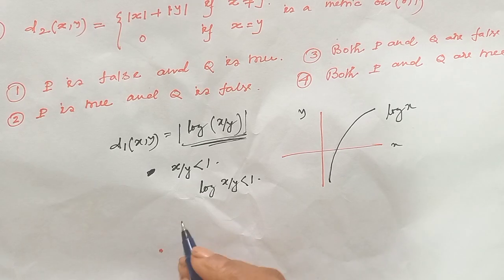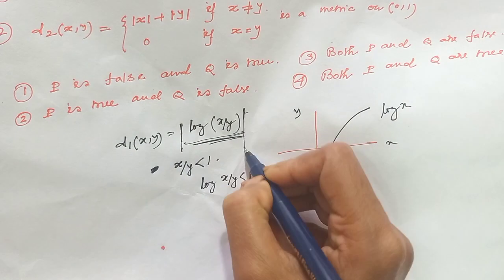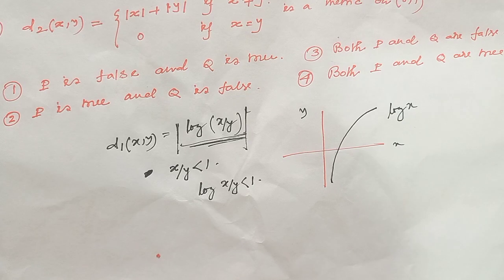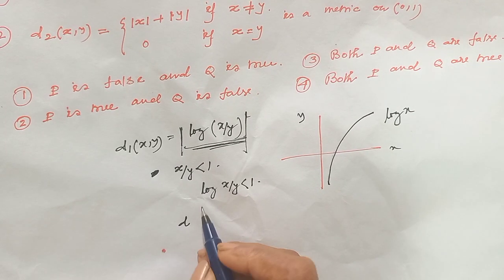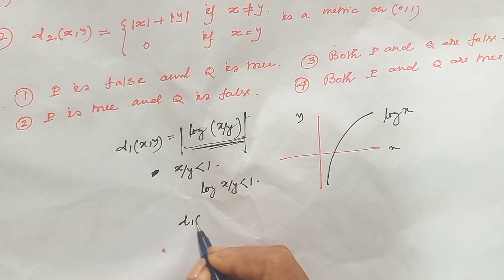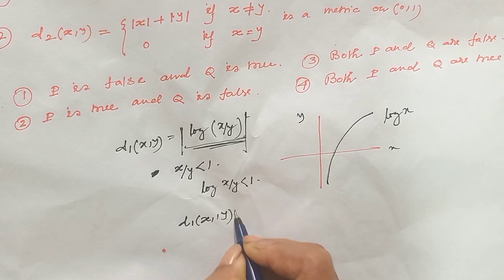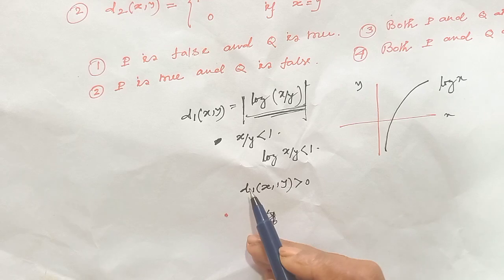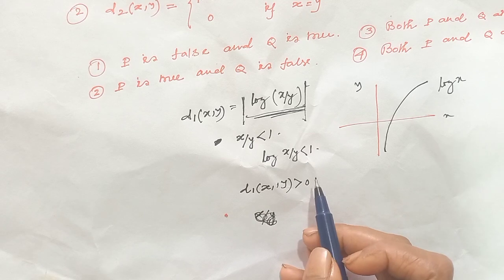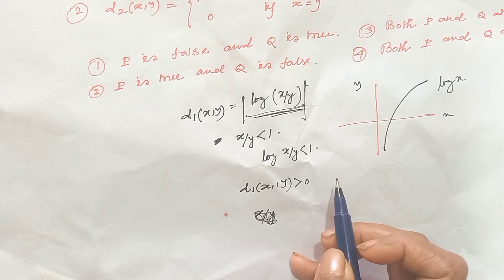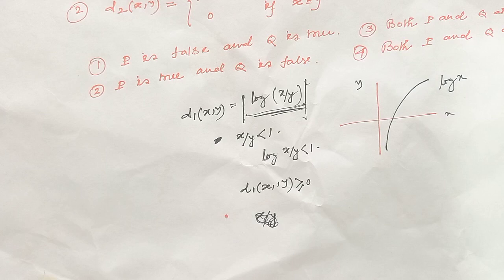So since we are given the absolute value of log(x/y), d1(x,y) is greater than 0, because the absolute value means our first condition has been satisfied. d1(x,y) is always greater than or equal to 0.